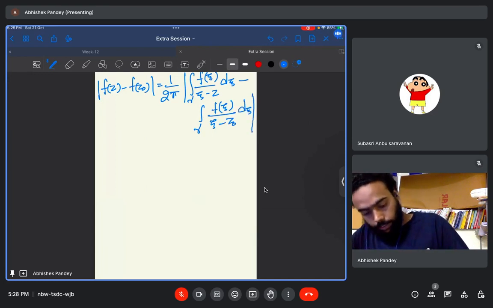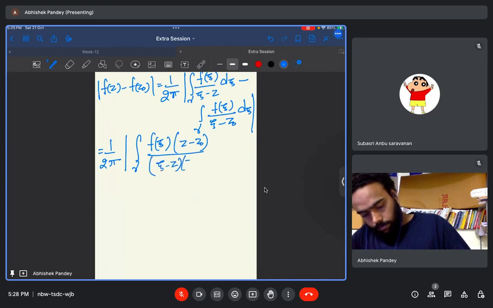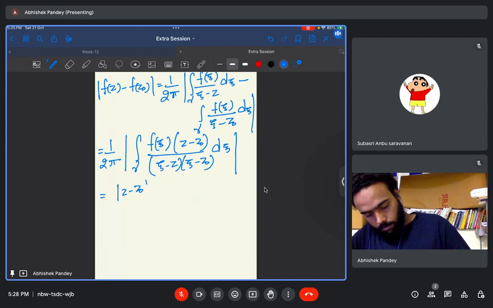So this is now 1 upon 2 pi integral over gamma f(xi) into (z minus z naught) upon (xi minus z) into (xi minus z naught) d xi. And this is basically mod of z minus z naught upon 2 pi, and integral over gamma f(xi) d xi upon (xi minus z) into (xi minus z naught).